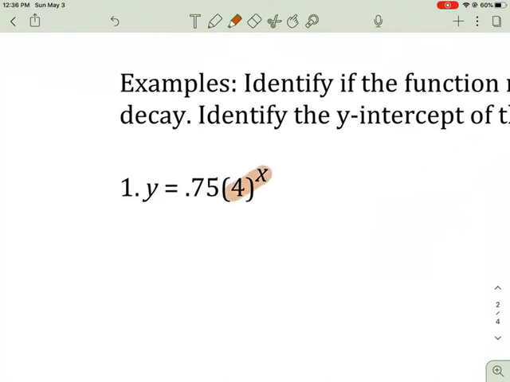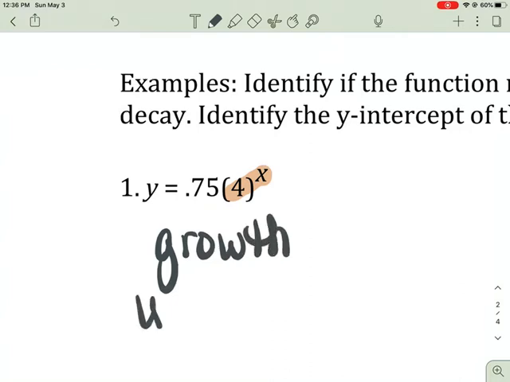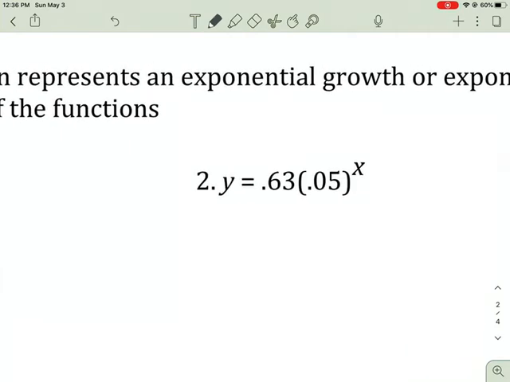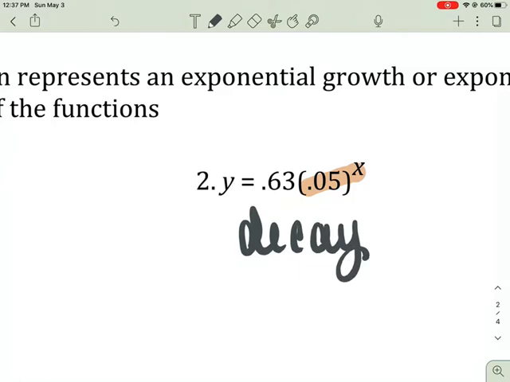All right, so the first one here, take a look at what's being taken to the power. So that's 4. That is a number bigger than 1, so this is a growth problem. Okay, and our y-intercept is a, which is the number in front of that, which is 0.75. Okay, let's try this one. Again, we're taking a look at what's being taken to the power, which is 0.05, which is between 0 and 1, so this is a decay problem.